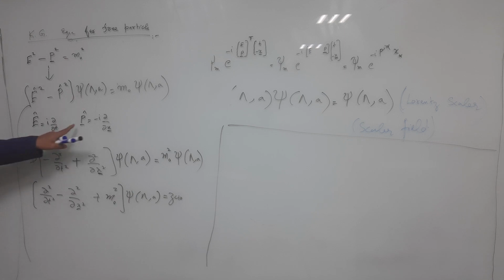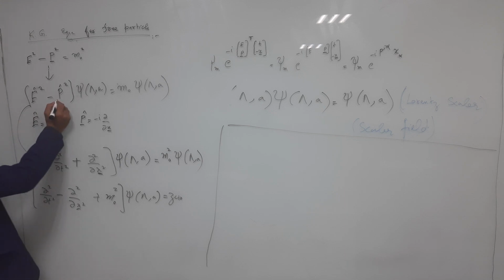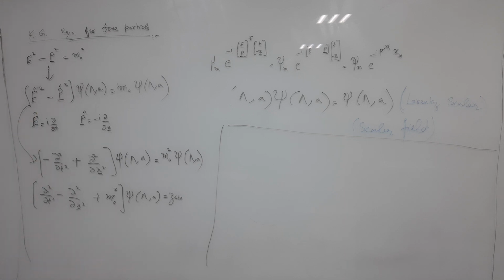This is not 4 momentum, this is 3 momentum. I have 4 momentum, which is the total E and minus. Yes, in the second equation, you are right. Thank you for the correction.